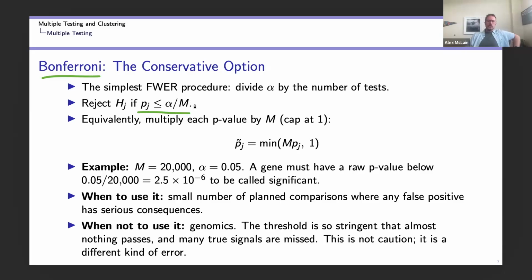So if we do 100 tests, and our alpha is equal to 0.05, the Bonferroni level we would compare the p-values to would be 0.05 divided by 100, so then we get 0.005. So very simple procedure to implement.